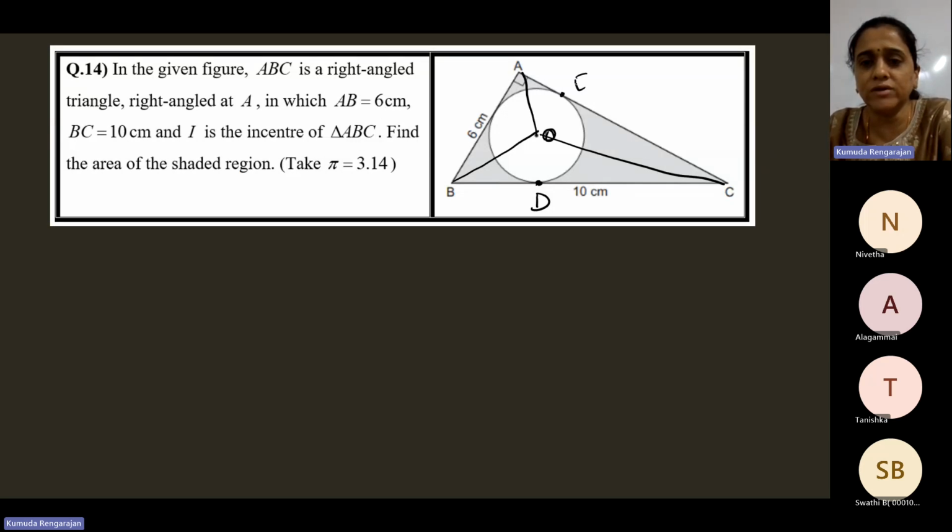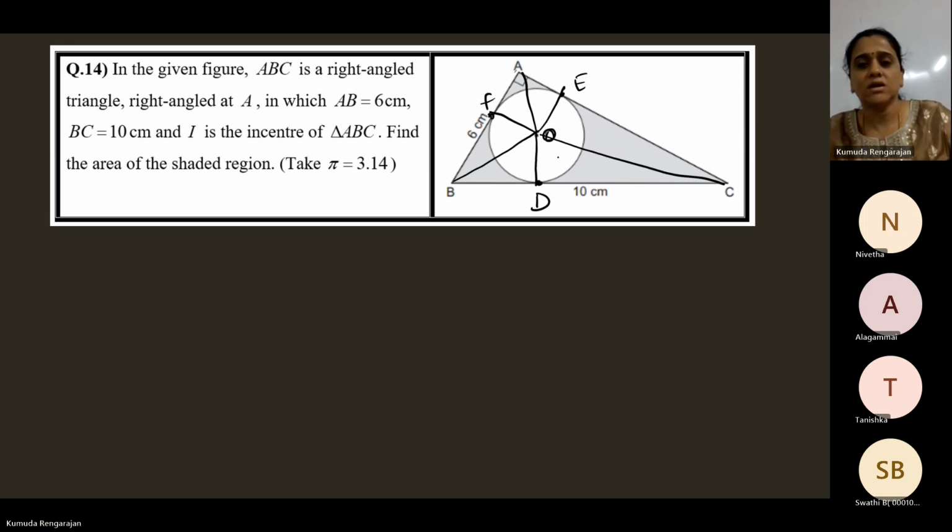Let E be the point of contact of the tangent AC. Let F be the point of contact of the tangent AB. Join OD, OE, OF. Radius tangent 90 degrees.